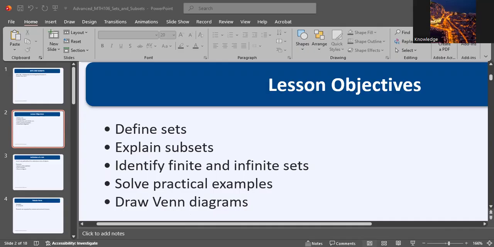Then we'll move to subsets. Under that, we'll talk about proper subsets, comparability, set of sets, universal sets, power sets, disjoint sets, and then Venn diagrams, and the rest of them.